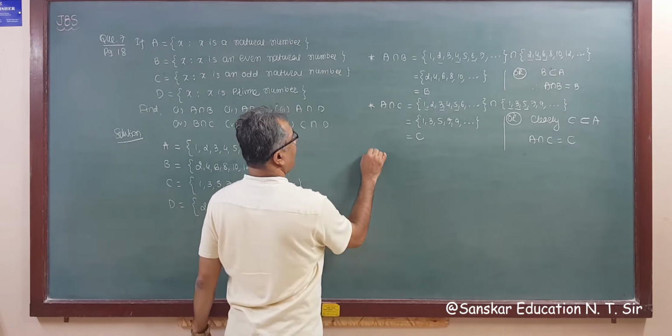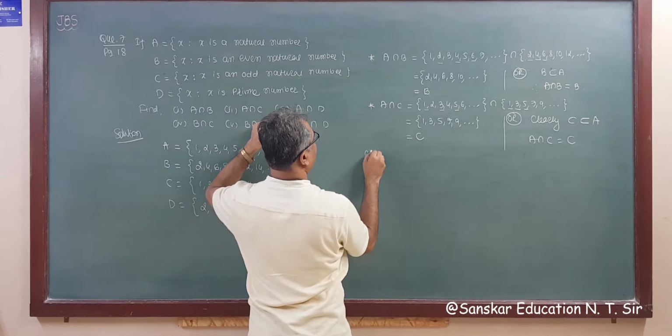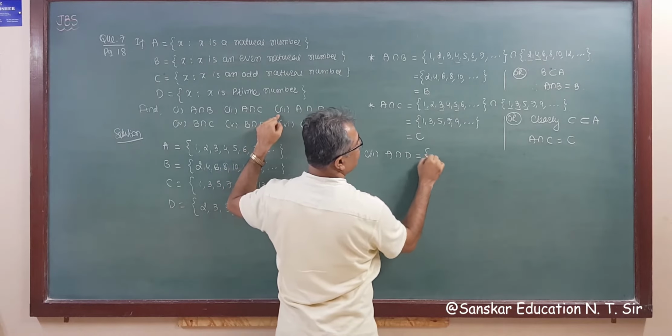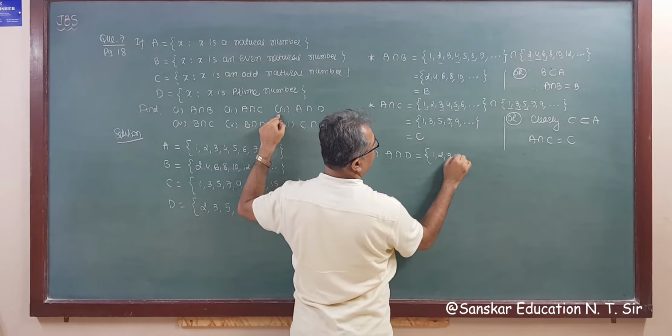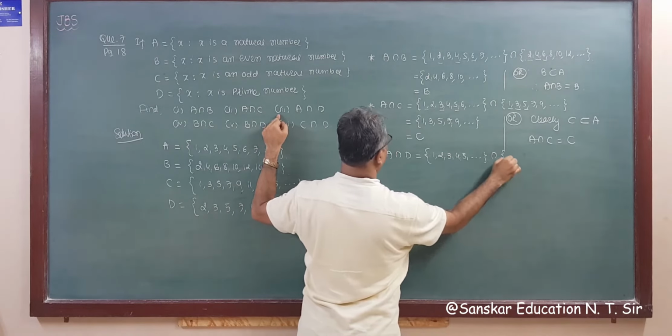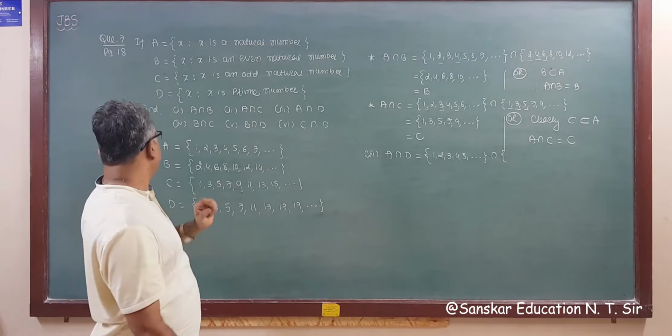Third one. So the third one is given: A intersection D. Now A is the natural numbers, that is 1, 2, 3, 4, 5, and so on. Now D is the set of all prime numbers, right?